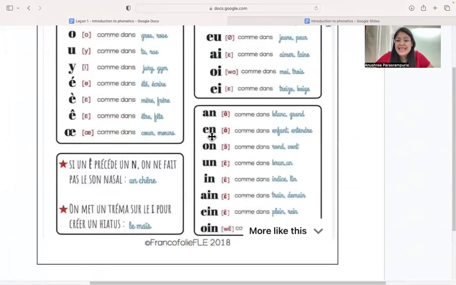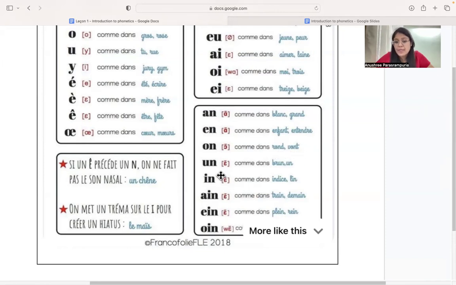EN has the same sound. Enfant. Entendre. Please repeat. Enfant, T silent. Entendre. ON again has an O-like sound, so this becomes rond, D being silent. Vent, T being silent. Rond. Vent.